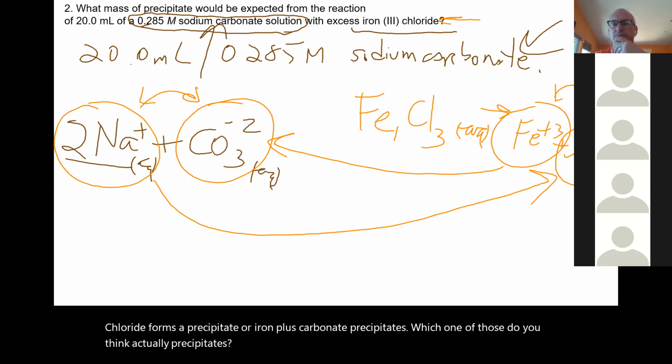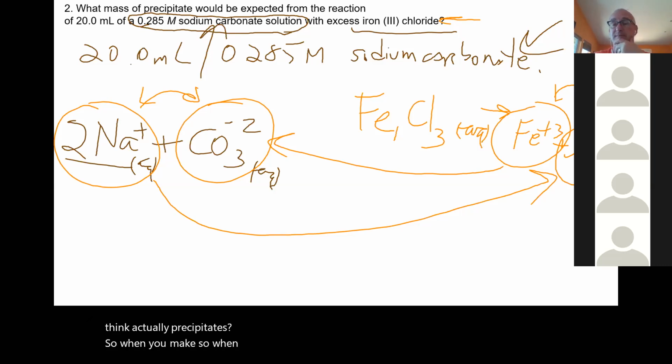Sodium and chloride. Okay, so when you put salt into water, does it precipitate? No. So then iron and carbonate. Yeah, because we know that sodium chloride is soluble. I mean, it's salt.